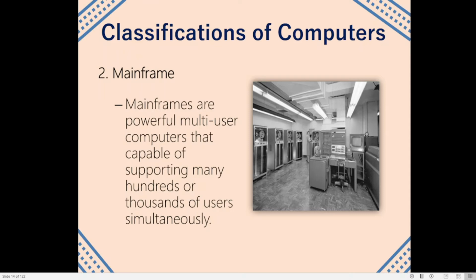Yung ginagamit nating ATM machines, connected yan sa mainframe na kung saan meron yung input-output, meron yung decryptions about the username and the password, and napaprocess nila yung ating mga withdrawal or yung ating mga balance inquiry simultaneously kahit marami tayong gumagamit. Okay? But syempre, compared to supercomputers, mas marami ang nananavigate o nakokontrol ng supercomputers.